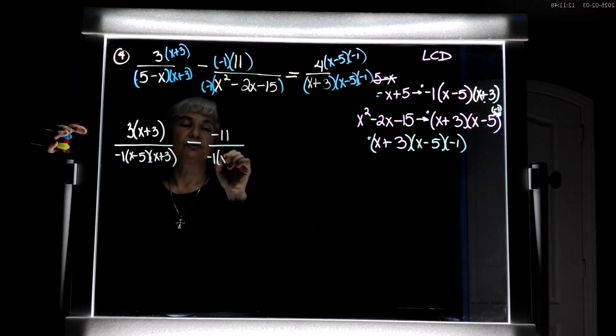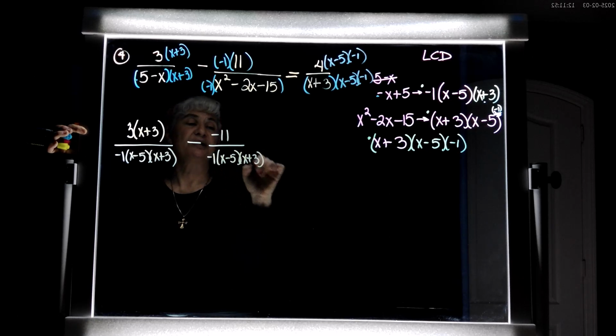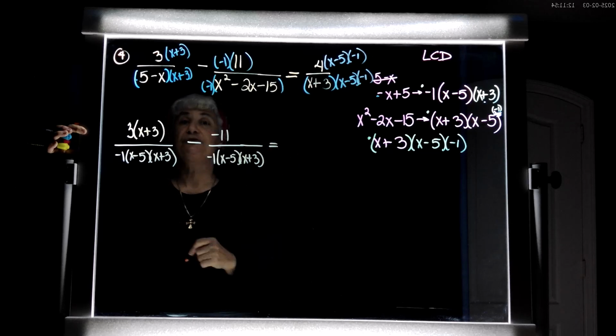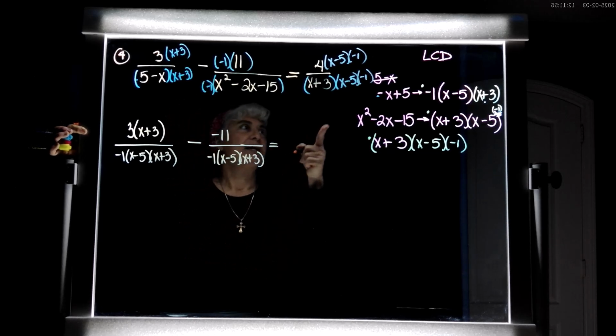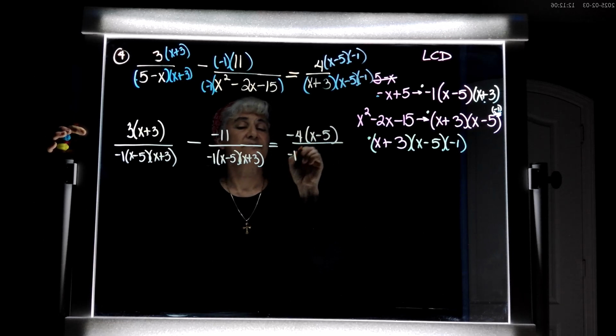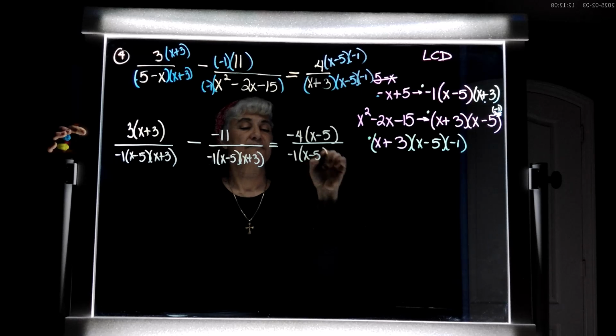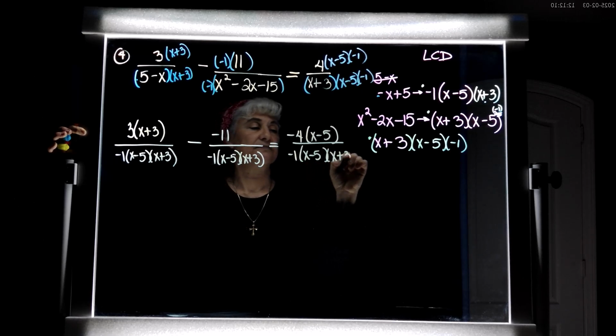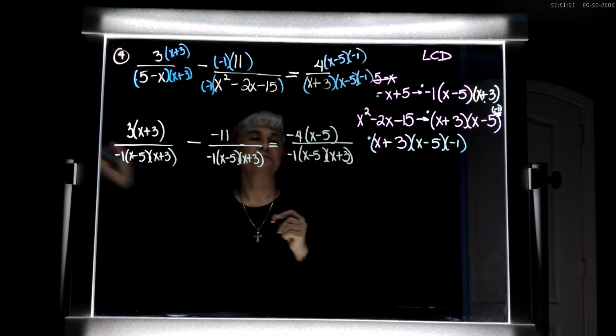Good, so can I. But we'll leave it alone for now. Don't do 2 steps in one, please. That's a sure way to get us all confused. And if you're okay, I'll do negative 1 times 4. It gives me negative 4 times the parenthesis of x minus 5. Okay.